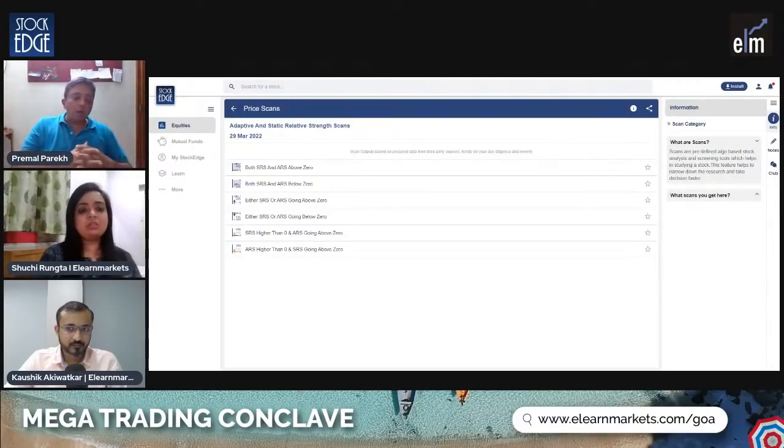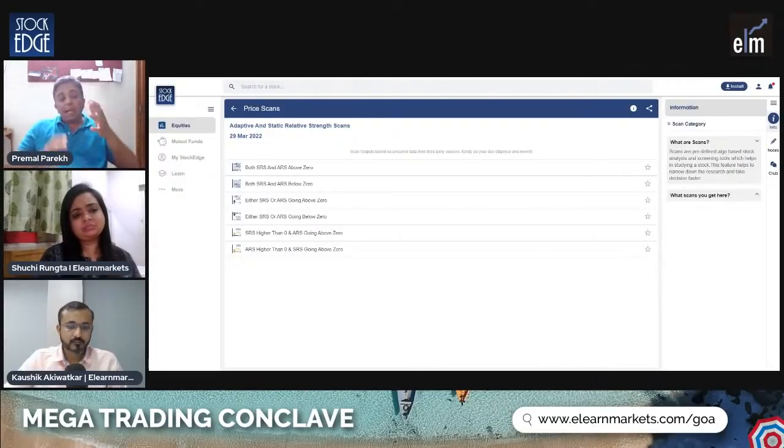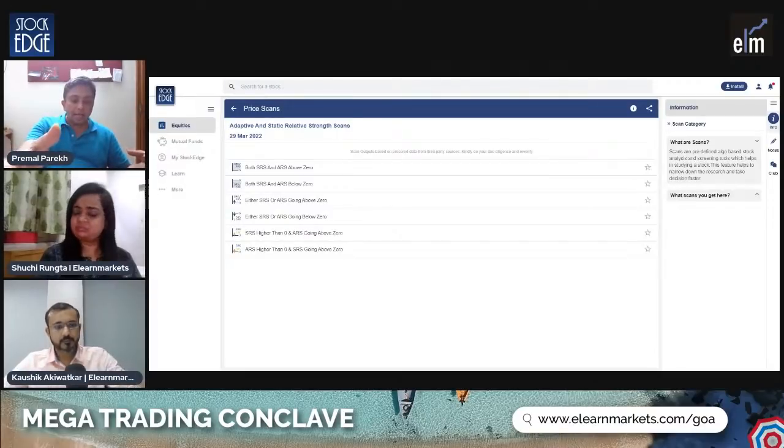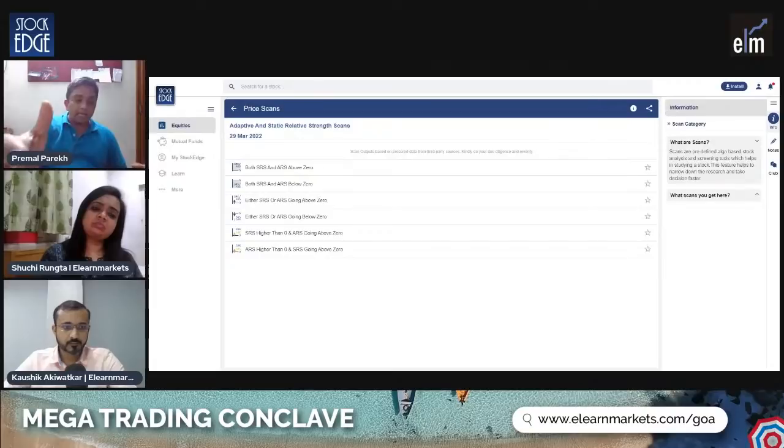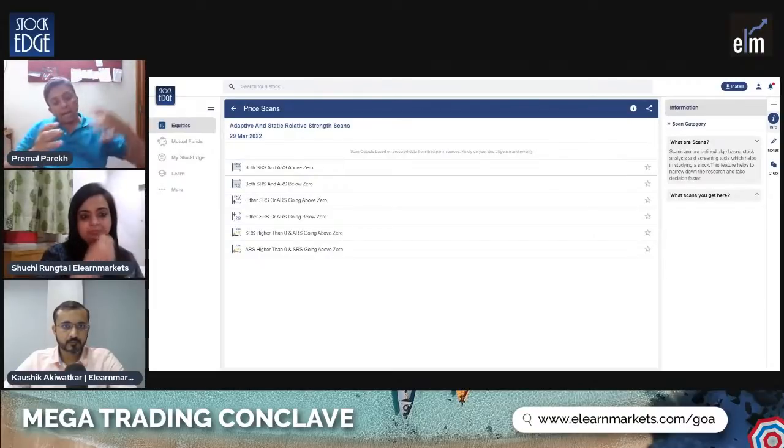Absolutely. A person has to decide what he wants to pick, but definitely in conjunction with these tools, and there are combo scans also which one can build using Stockage. So you can pick 52-week highs in conjunction with RS scanners. You can pick something like high volume and delivery stocks with RS scanners, and you can again add something more to those scans.